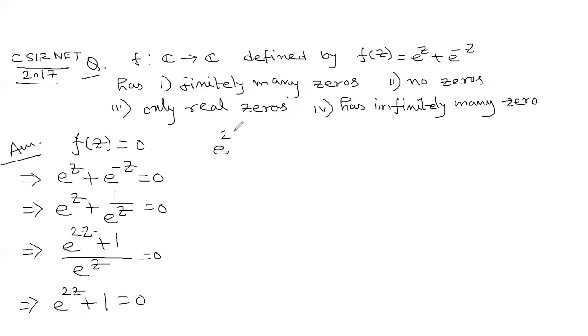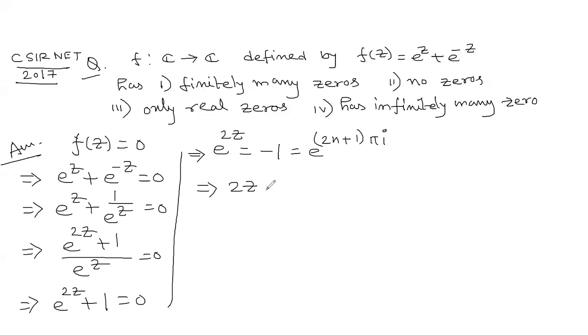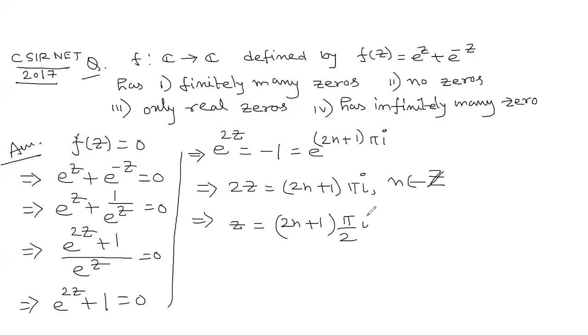So e power 2z is equal to minus 1, which implies e power 2z equals e power (2n plus 1) pi i. So 2z equal to (2n plus 1) pi i, where n belongs to Z, the set of all integers. So here z is equal to (2n plus 1) into pi by 2 times i.